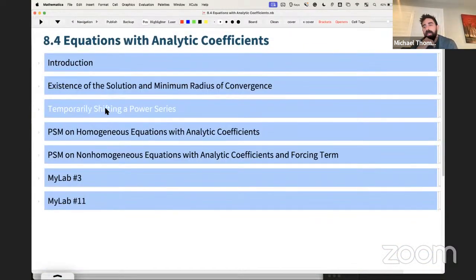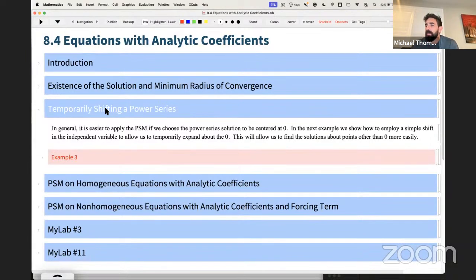All of the power series problems that we've been giving you have been centered at 0. You can center them at other points. You have to modify the steps of the power series method a little bit. I mentioned that earlier, but I think all the problems I've given you so far have been centered at 0, just to get you used to working with it. The math becomes a little messy, so we avoid it.